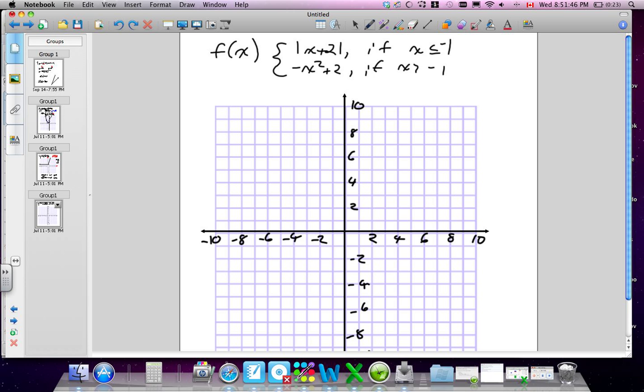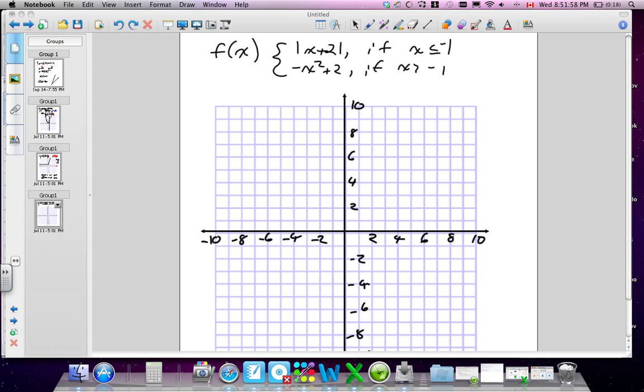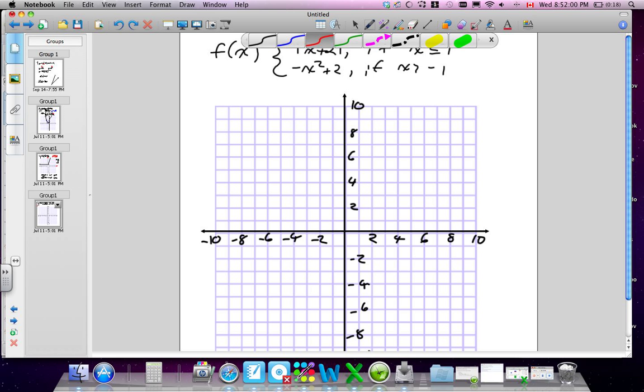So the base model of the first one, f of x, is equal to the absolute value of x. Absolute value of x is literally 2 45-degree angles.